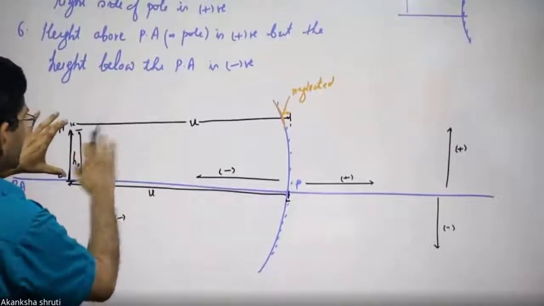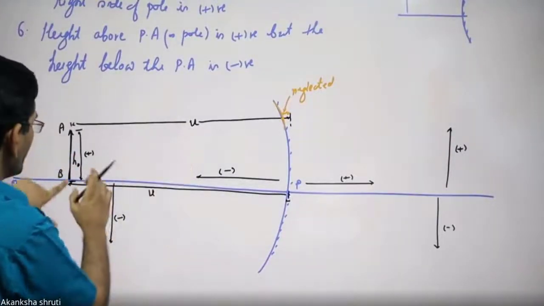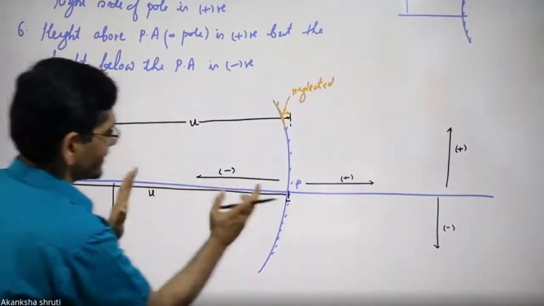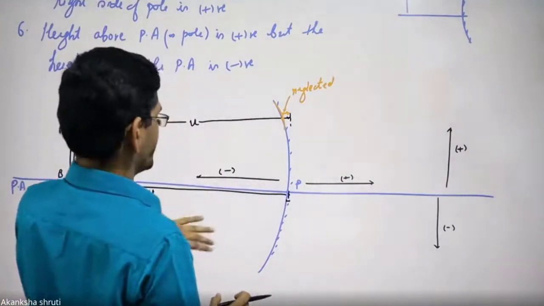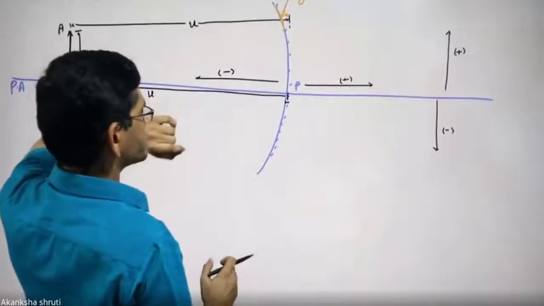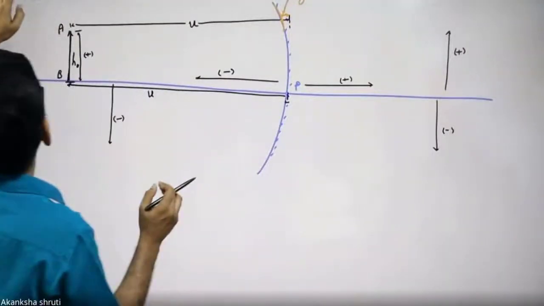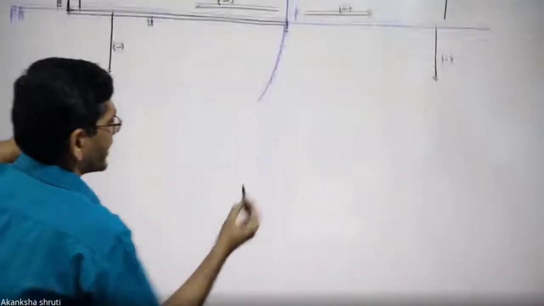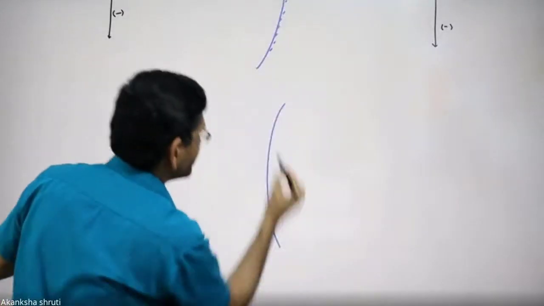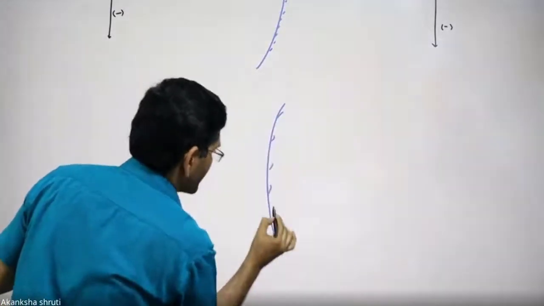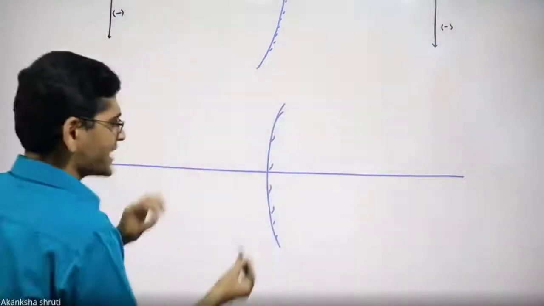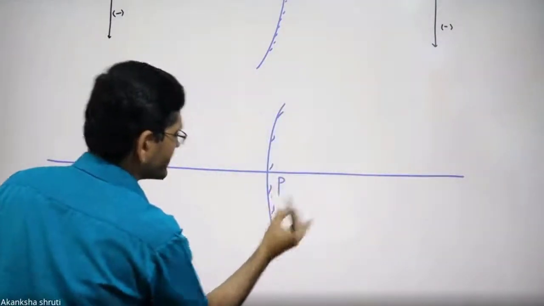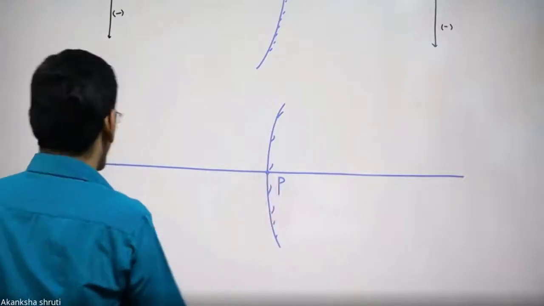Now, applying this sign convention for the object distance and image distance, we can tabulate. Students, also, if we consider the convex mirror, how will it be? Even for the convex mirror, the same sign convention, the same thing. This will be taken as the pole.